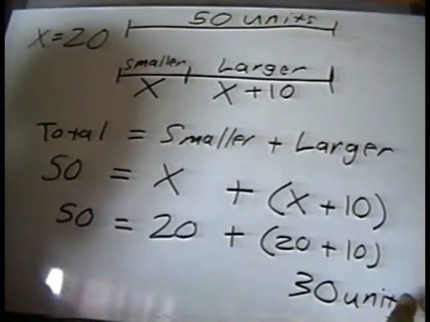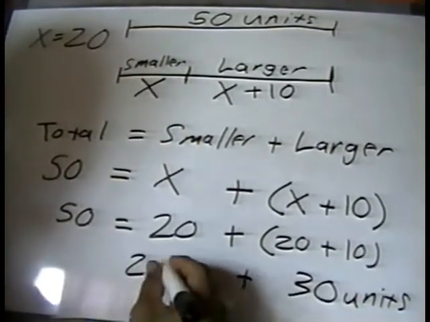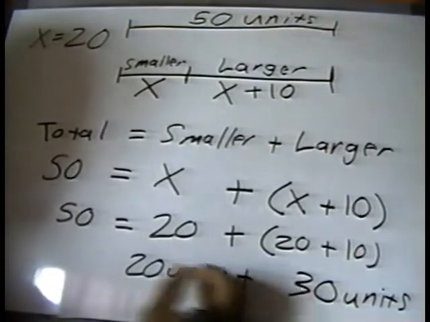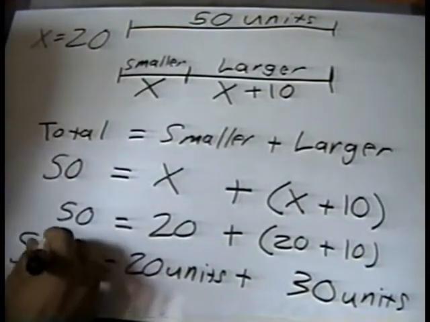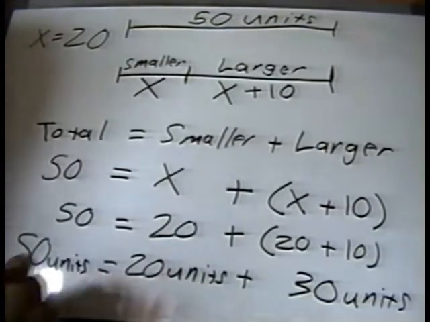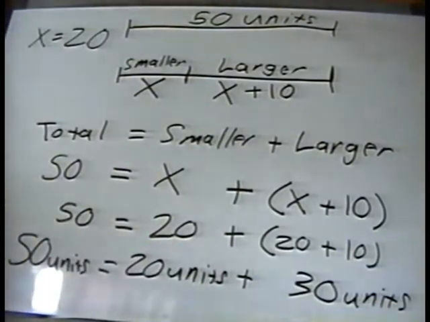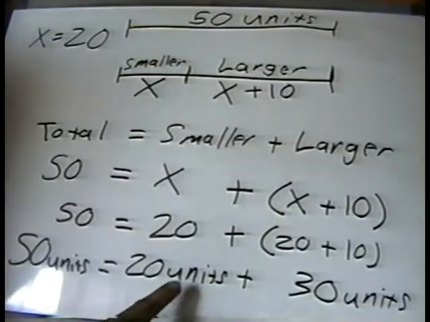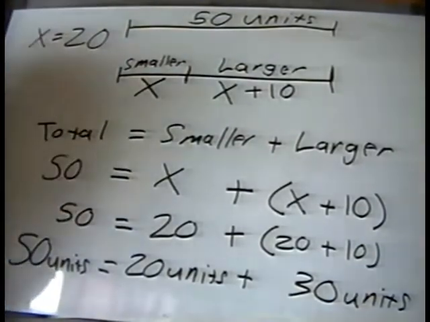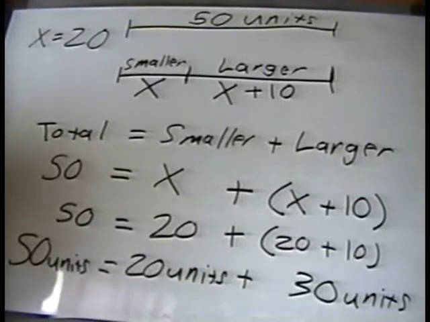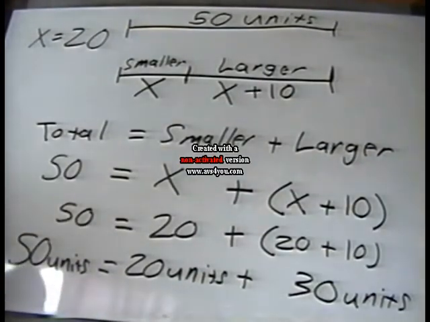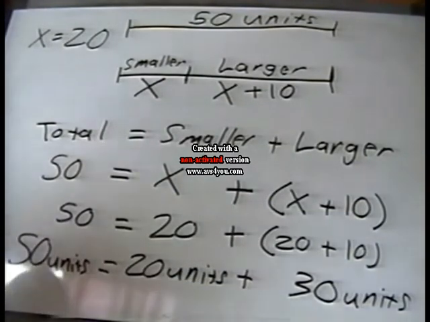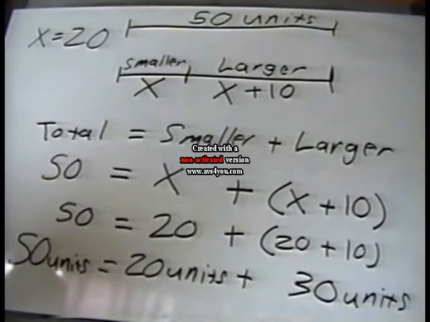We get 50 plus 20 plus 20 plus 10. Now this portion here represents the larger part. So we know the smaller part is 20 units long, so the larger part is 30 units long. So 50 units equals 20 units plus 30 units. So the smaller part is 20 units long and the larger part is 30 units long.